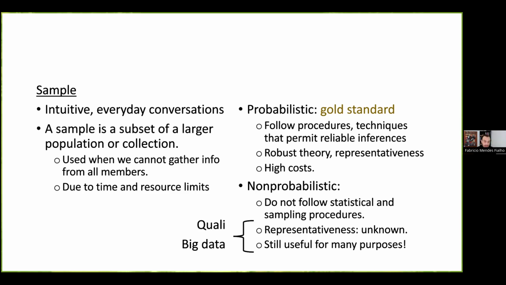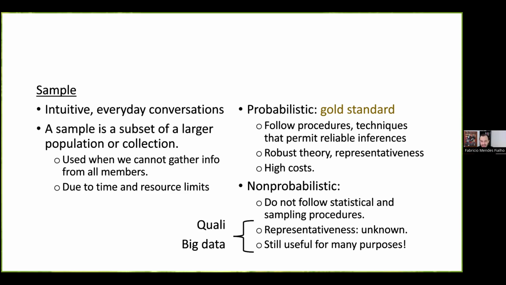Even though in big data analysts may be handling millions of observations, they may have, say, information from millions of social media users, there is no guarantee that that huge amount of data is representative of the population, right? It's like, say, I interviewed 1 million individuals in London, but these 1 million individuals in London do not necessarily represent the entire England or the entire UK, right?